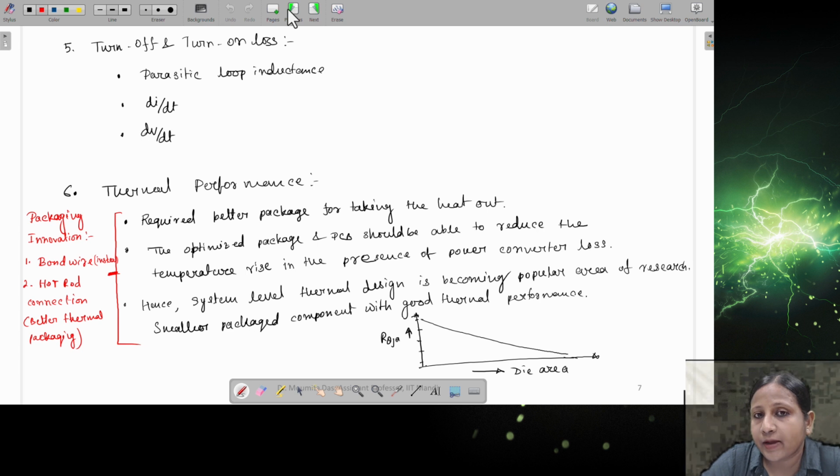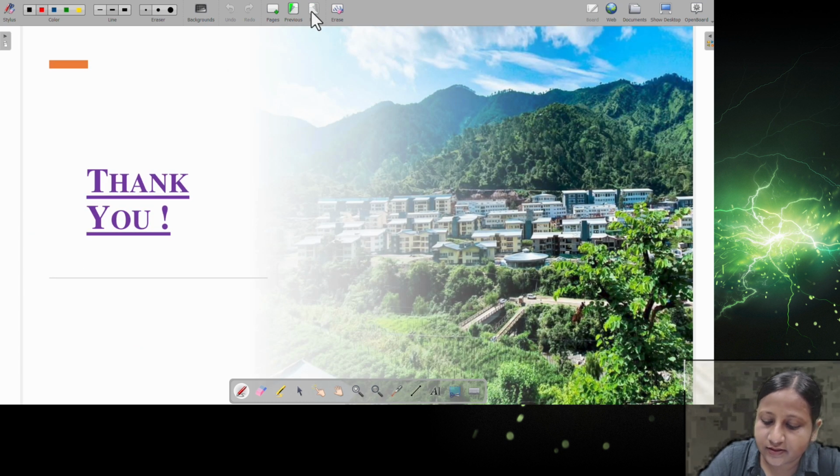Now, if we have advanced circuit technologies which will help us increase power density, we can also choose that. So all these things will give us a high power density system using wide bandgap devices. That is what is desirable for wide bandgap device applications. More about this I will be discussing in the next class. Thank you.